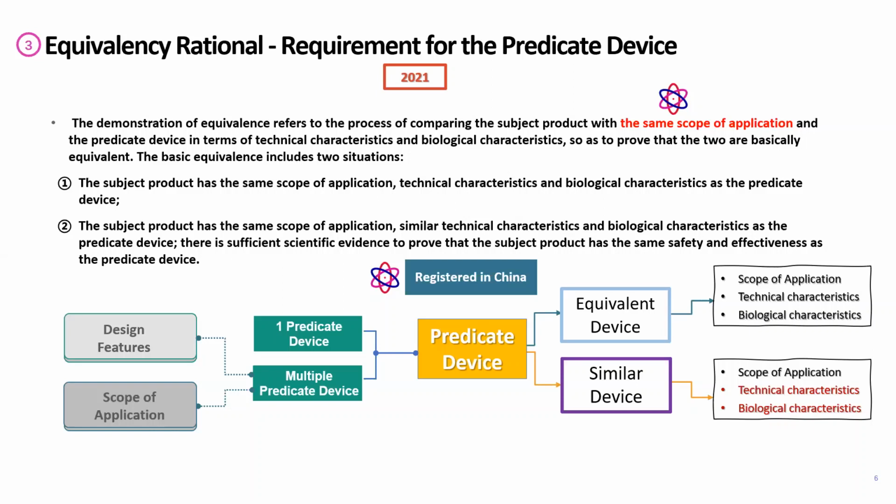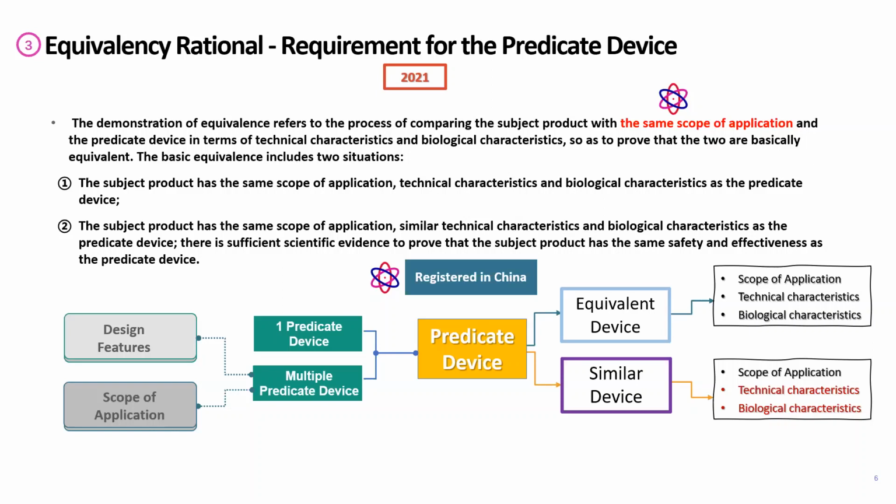And the other one is about the scope of application. In this guidance, it also mentioned that if we need to choose 1, 2, or 3 predicate devices, they might have 2 or 3 different scopes of application. But when we combine all the scopes of application, it should be the scope of application of the subject device.